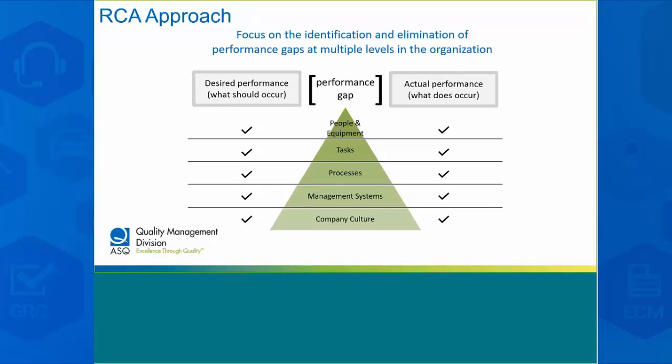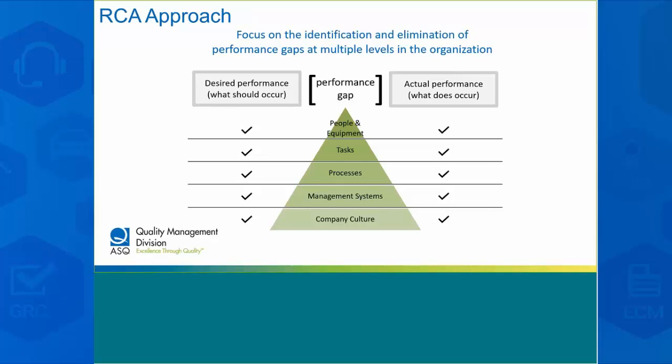Performance gaps are defined as the difference between desired performance, or what should occur, and the actual performance, or what does occur. So from this task triangle that I'm showing you here, you can see at multiple levels in the organization, we're looking for performance gaps, starting with people and equipment, and working our way down through tasks, processes, management systems, and possibly even to gaps in our company culture.